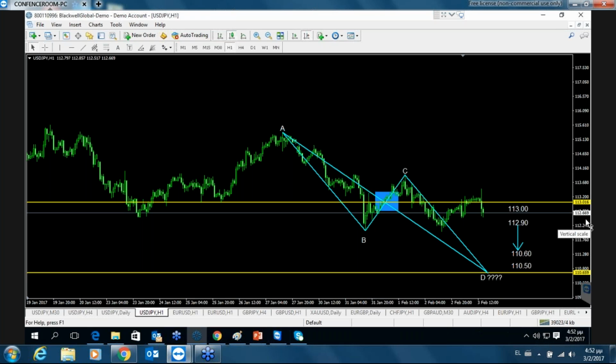It has already gone past 112.90, so it has probably triggered some entry point already, and it's looking into the downside to target or aim at the 110.60 area. Okay, so this is your trading area here. And that's quite a significant trading area.